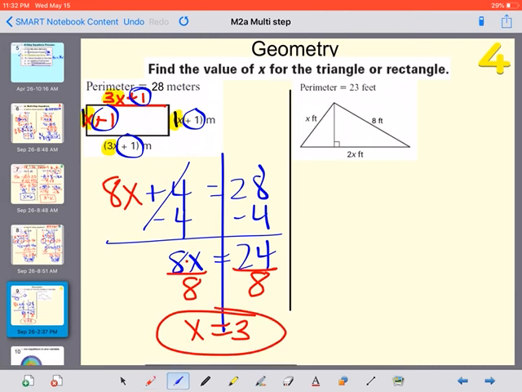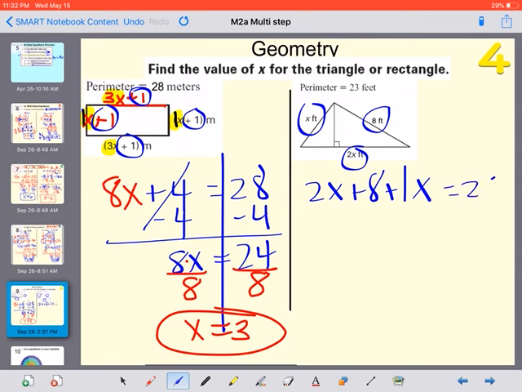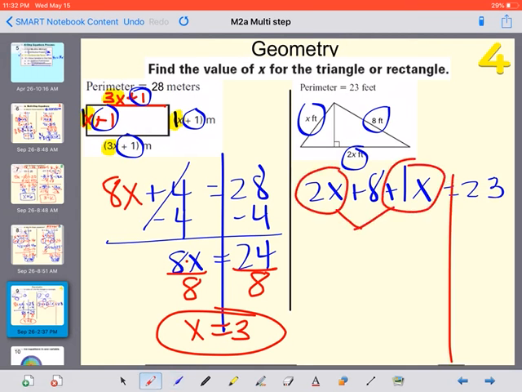Same thing with the next one, except there's only 3 sides instead of 4. So if we add up all the sides, 2x plus 8 plus x, or 1x, equal to 23. Combine our like terms. That gives us 3x.